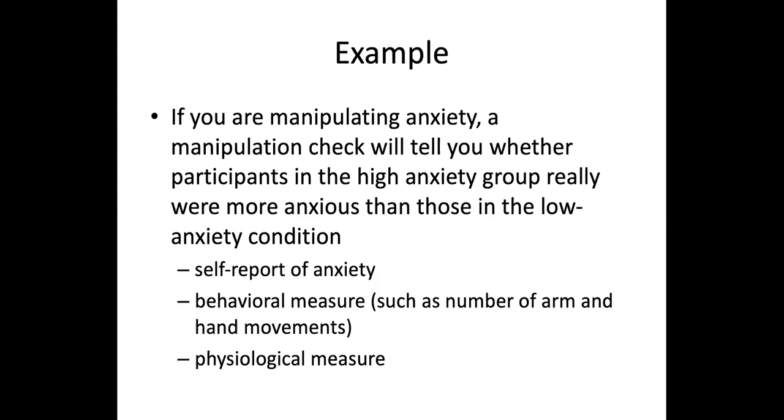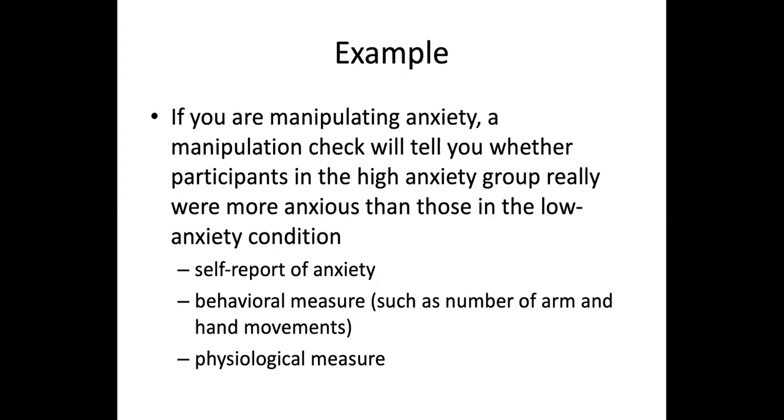You can include self-report measures of anxiety. You can have a rating scale from 1 to 5, asking participants to rate themselves how anxious they felt during the experiment. Or you can have a behavioral measure of anxiety.